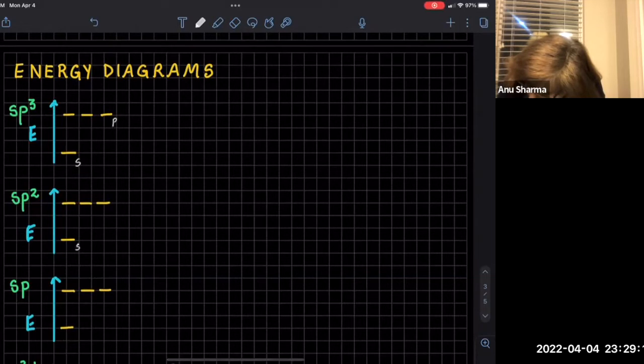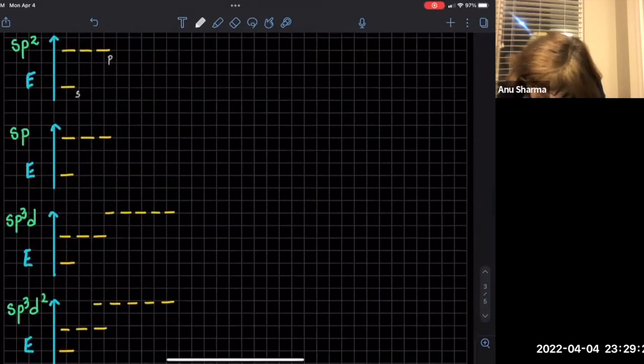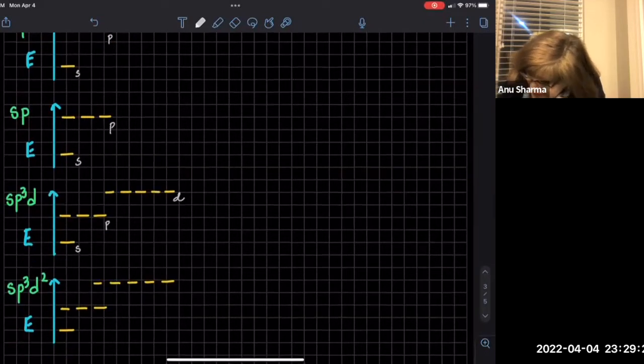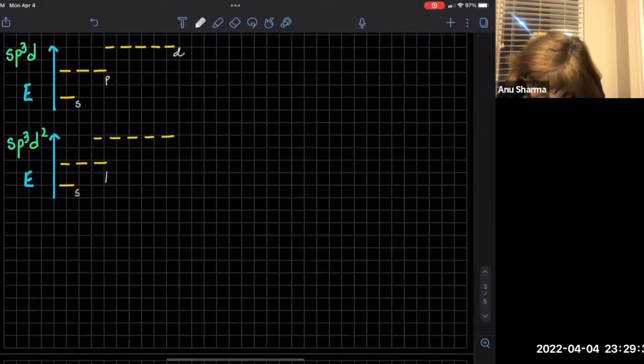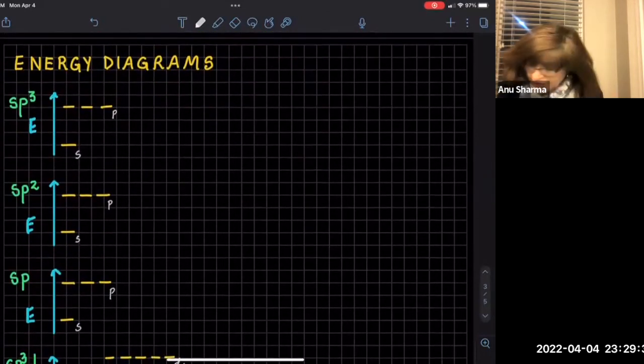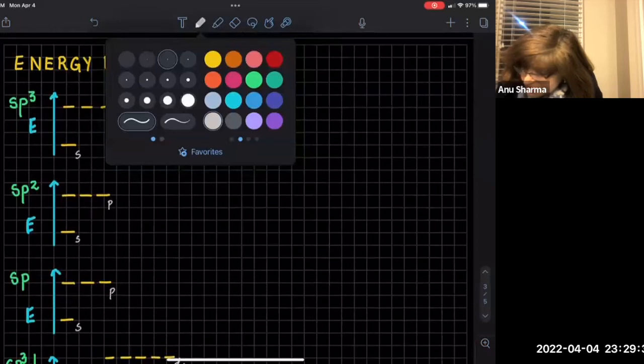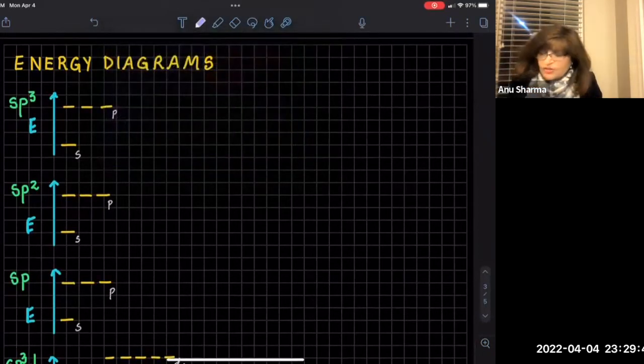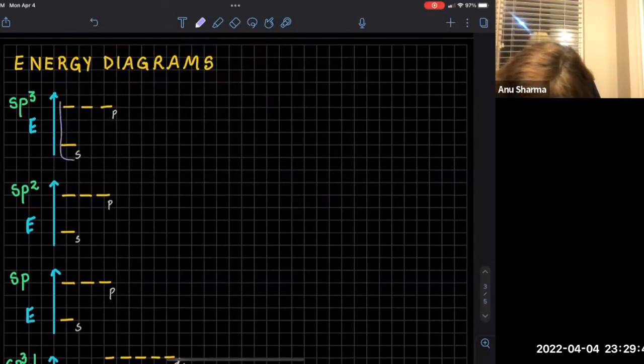These are the S, this is the P, this is the S, this is P, this is S, P, and D, and here you have S, P, and D. Just imagine that right now we are looking at the pure orbitals. Obviously there are going to be electrons here, but for now, in this case, all four of them are mixing.